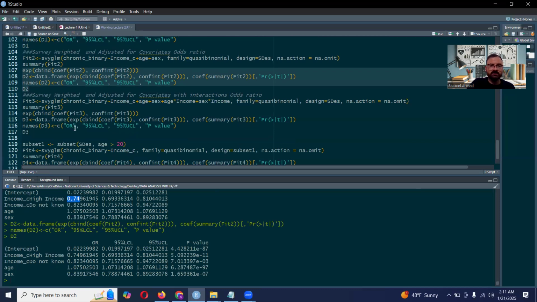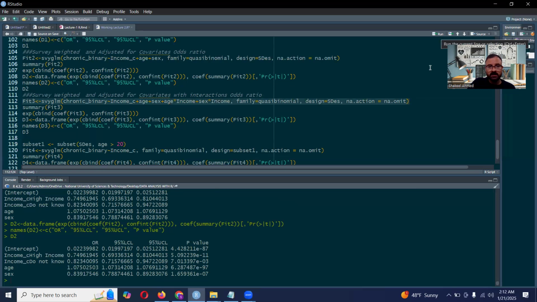Similarly, you can also check the interaction effect between these variables. We are using just age as a variable, but age may have an interaction effect with income on chronic condition.